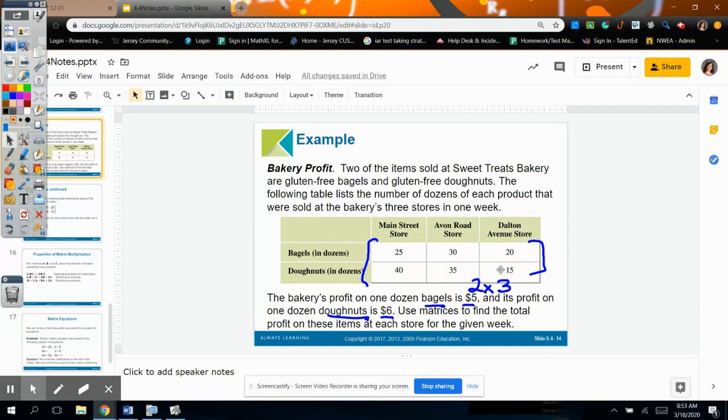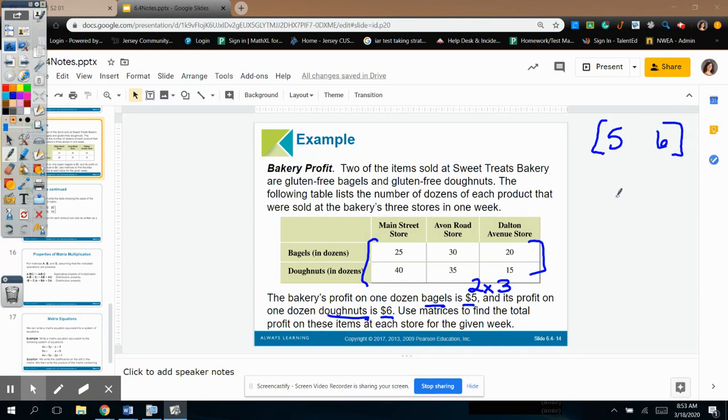So this is a 2 by 3, and I need to put this $5 and $6 to see how much money each store made. Well, the only way I could take a $5 and $6 and turn it into a matrix would be if it looked like this, 5, 6, or if it looked like this, 5, 6. Well, if I'm going to multiply it, I needed the 2 to be in the second spot. So I'm going to have to use this 5, 6, and put it in the first spot.